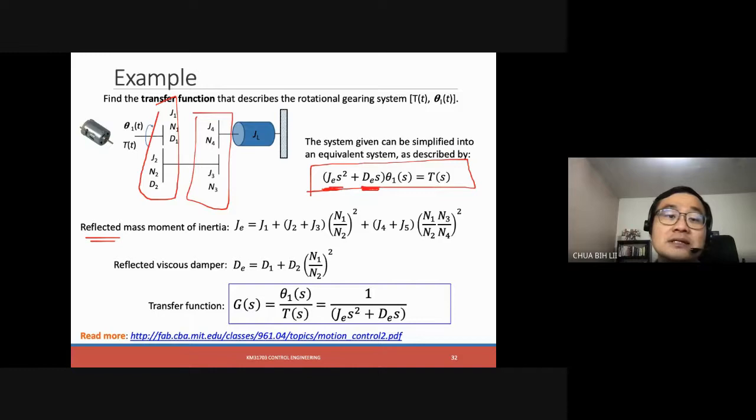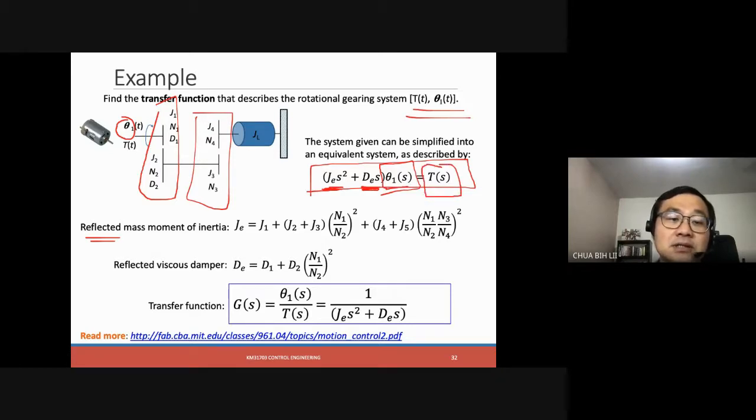In this case, if the question would like to see the relationship between the torque and the theta on the motor side, then we will reflect everything to this particular side, the motor side. So we will use theta 1 as the output and the T as the input.